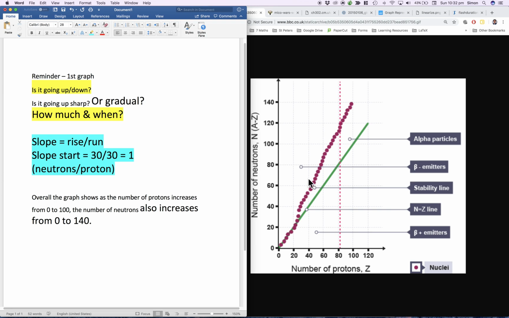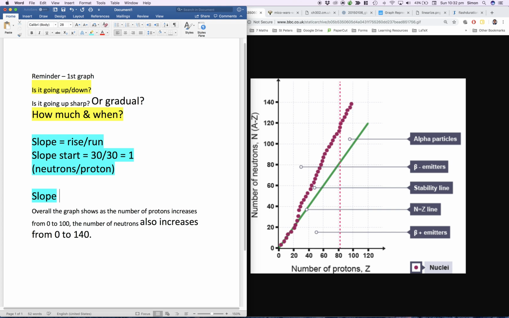Okay, so what about the rest of the graph where it deviates off the line? Let's calculate that one. So slope end. Okay, how much are we rising? So I'm going to do a little numerator calculation, something divided by something else, because I need to do a little subtraction here to work it out.